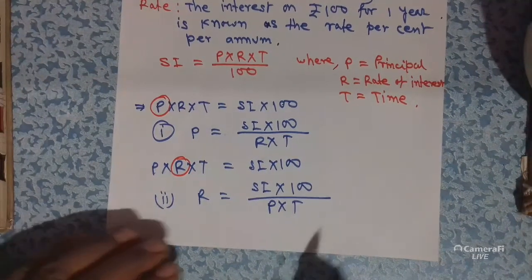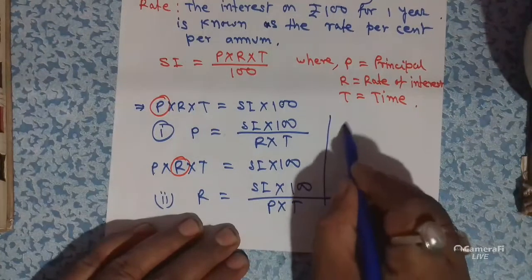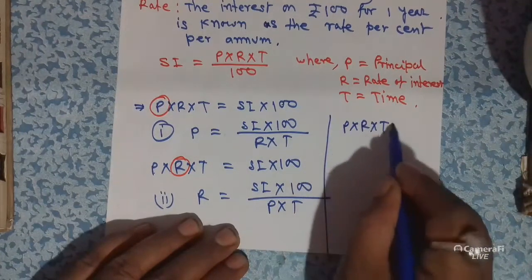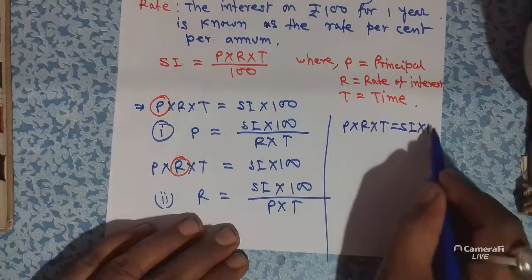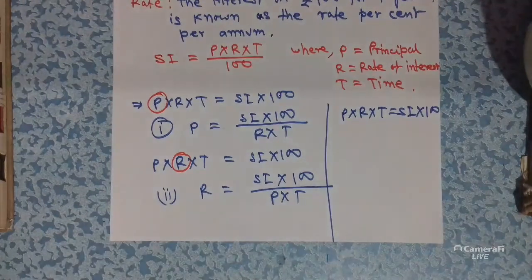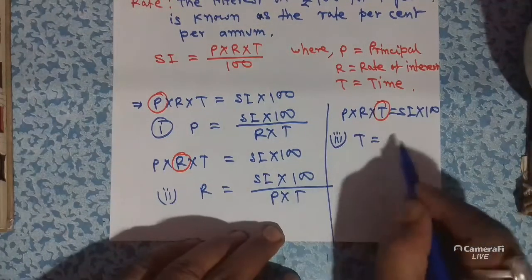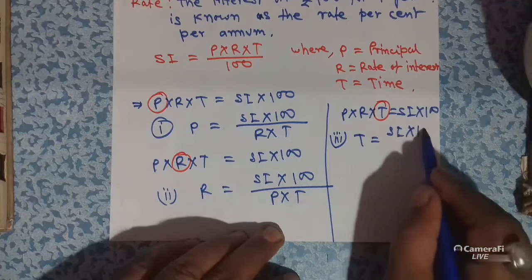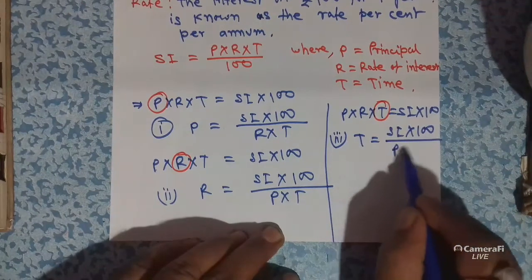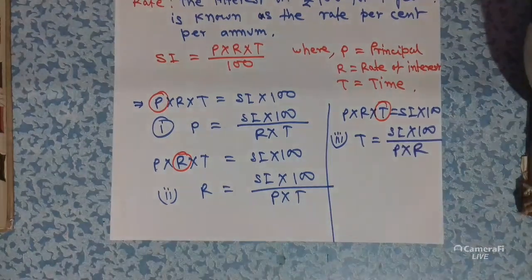Now PRT is equal to SI multiply 100. So when we have to find T, we must use this formula: T is equal to SI multiply 100 by P into R.